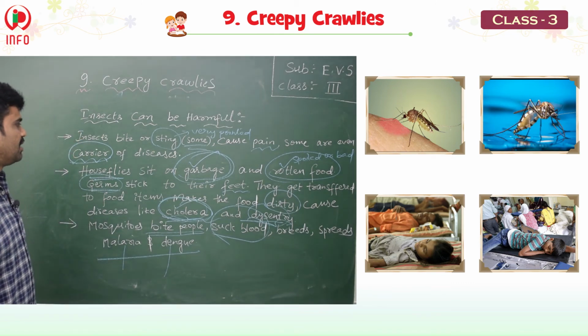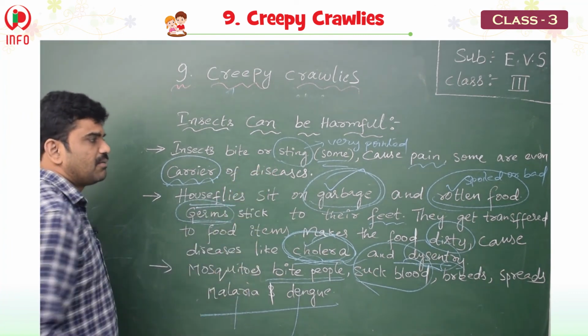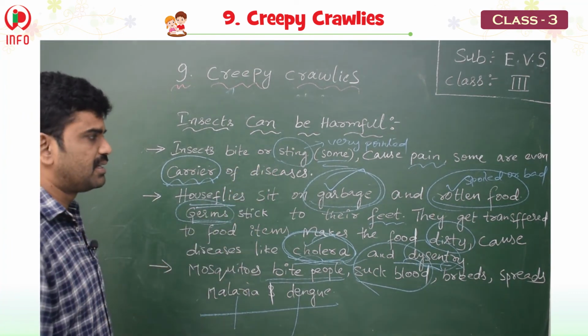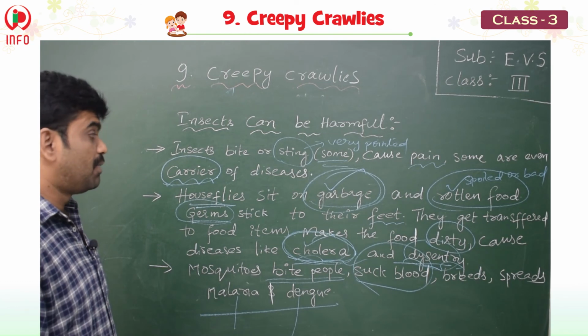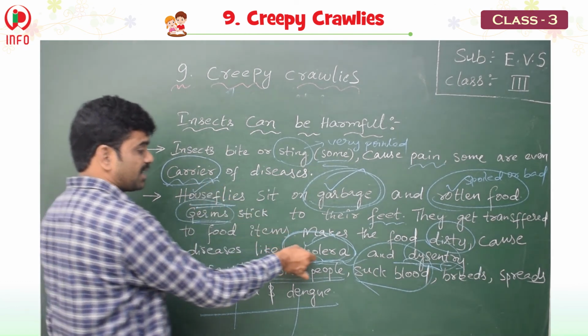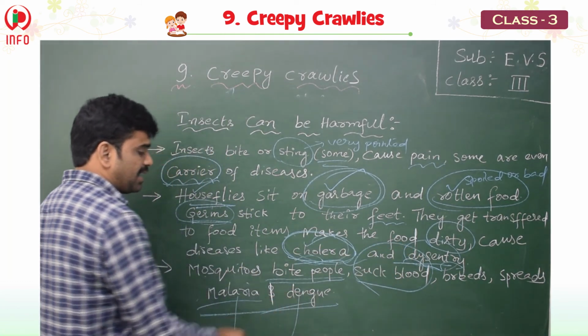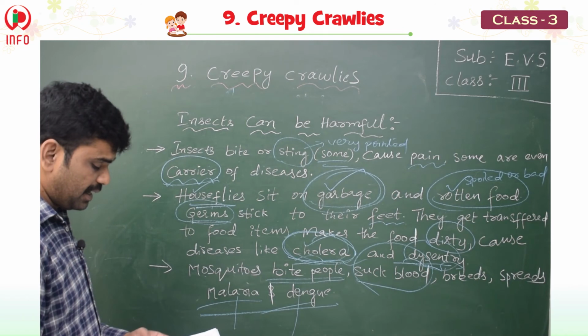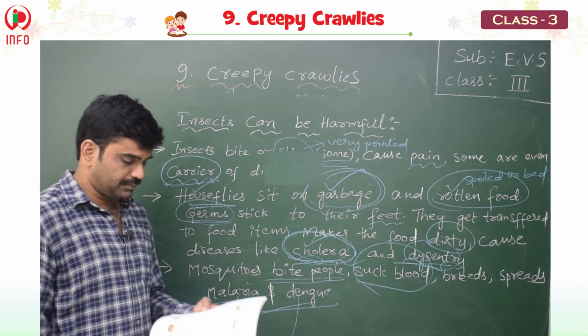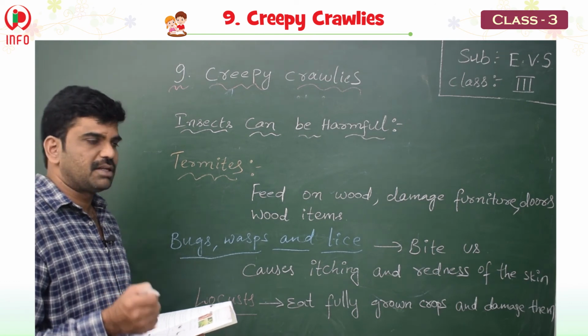Once again I tell you, only some insects bite or sting, not all insects, and cause pain. Some are even carriers of disease. Houseflies are the carriers for cholera and dysentery. Mosquitoes are the carriers for malaria and dengue. Children, you have learned about houseflies and mosquitoes.